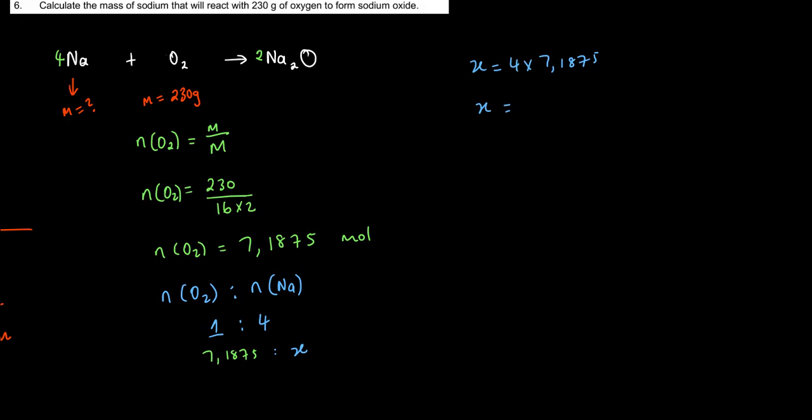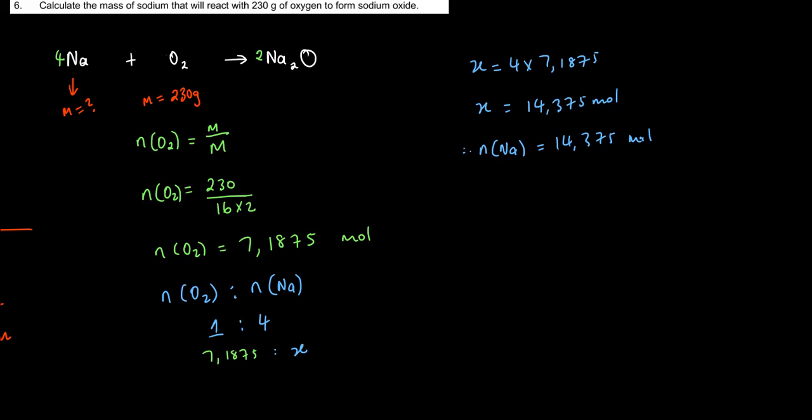That would be 14,375. Okay, nice guys. 14,375 moles, and then the number of moles therefore of sodium becomes what? 14,375 moles.